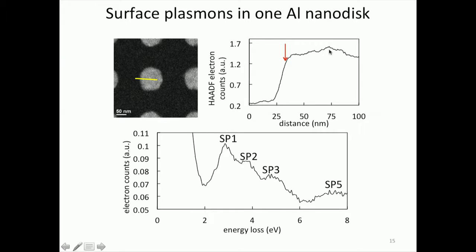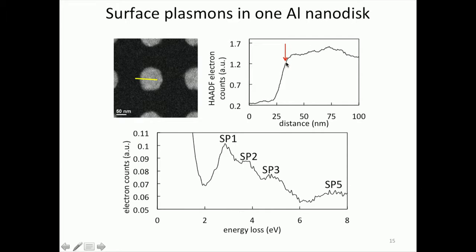And then at the top is the signal of my aluminum disk. So one thing I can do is find where the edge is between vacuum and aluminum oxide, and also find the interface between aluminum oxide and metal aluminum.